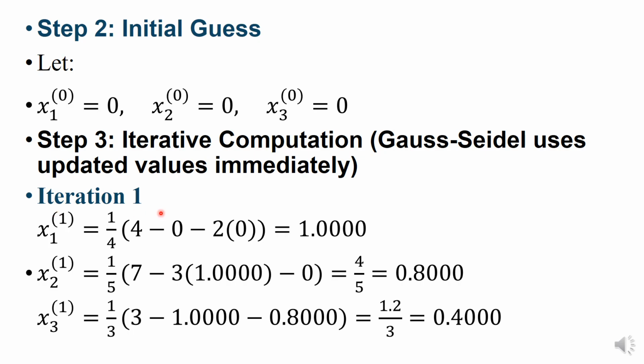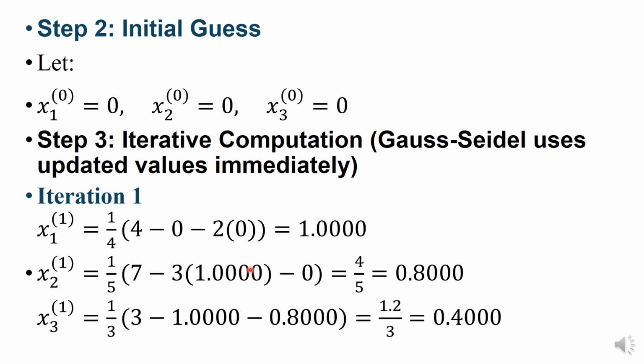Iteration 1, meaning the first iteration. Now we put these values of x1, x2, x3 in equation number 1, where we find x1. After putting in these values and dividing by 4, we get 1.